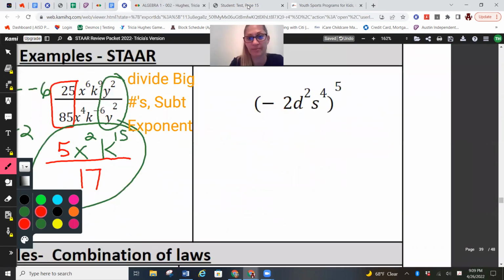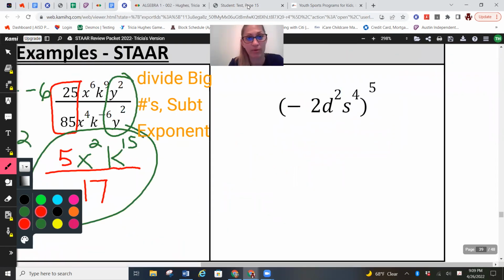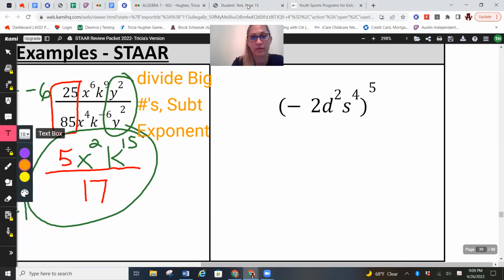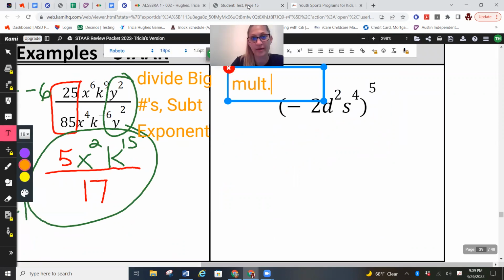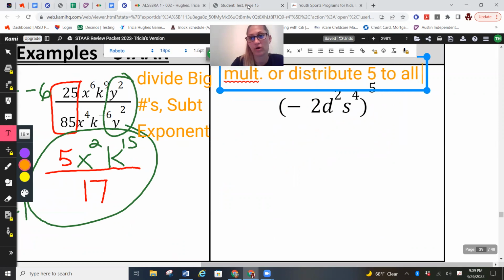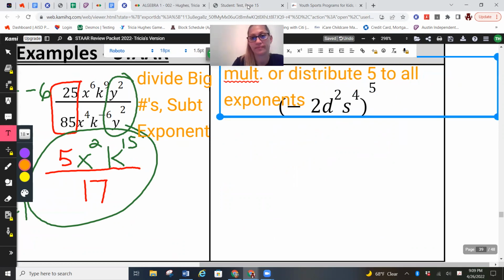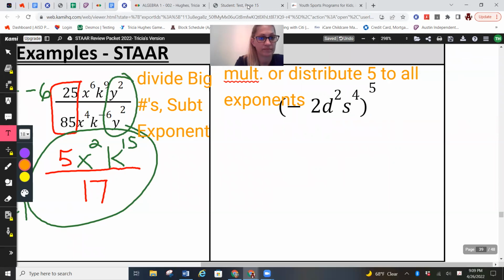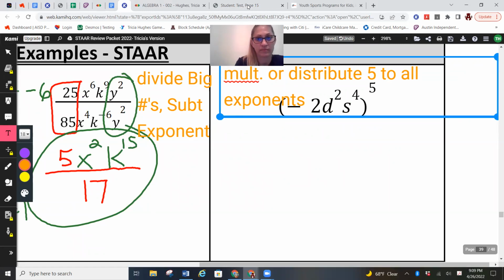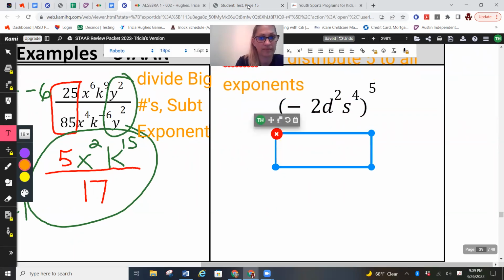And here's another example. Power to a power. We're going to multiply or distribute 5 to all exponents. Here we go.